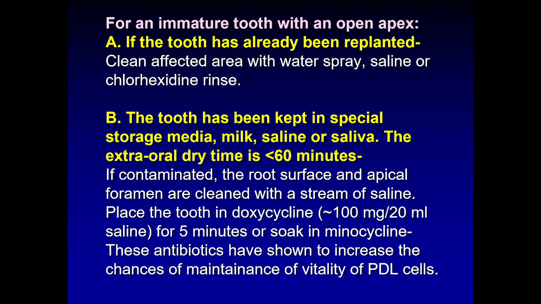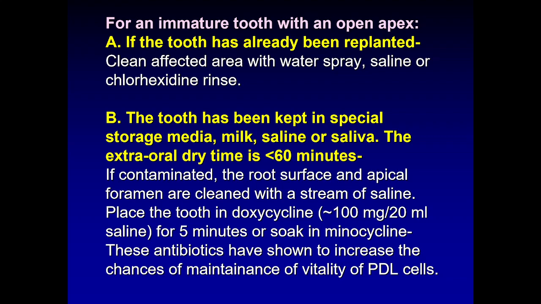See, in the previous case, when there was a closed apex, depending on the extraoral time, I did root canal after implanting or I did it in my hand and reimplanted. Either way, the root canal was attempted on that same day at that same time. But in an open apex case, I'm going to wait.